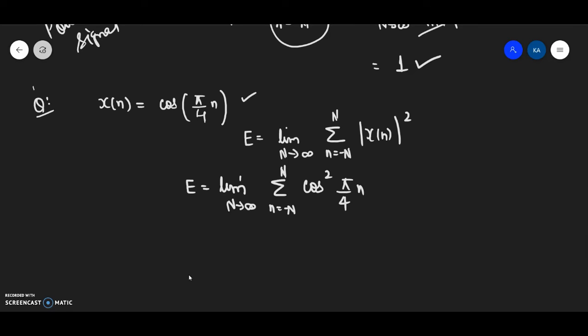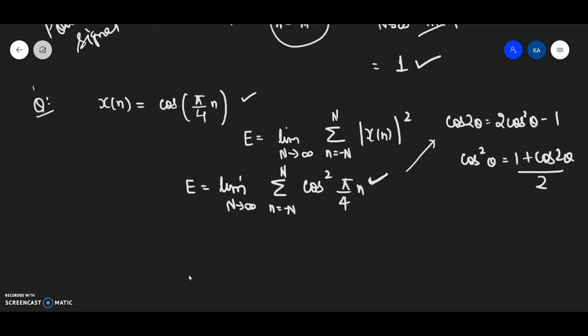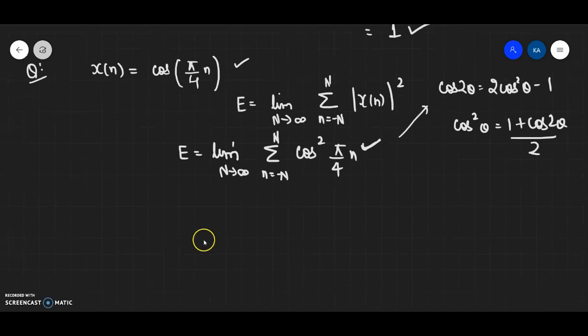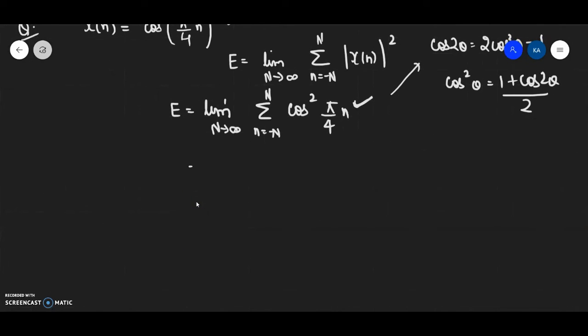Now see, in order to find the summation of this particular term, what we can do is convert it into cos 2 theta. The cos 2 theta formula is 2 cos square theta minus 1. From here we can conclude that cos square theta is nothing but 1 plus cos 2 theta by 2. So I'll be using this expression here, and this will ease my calculation.